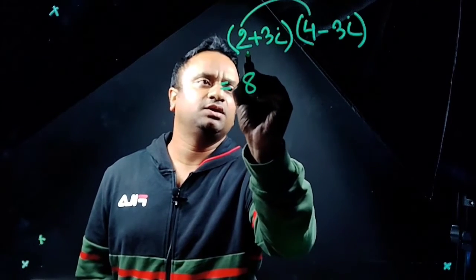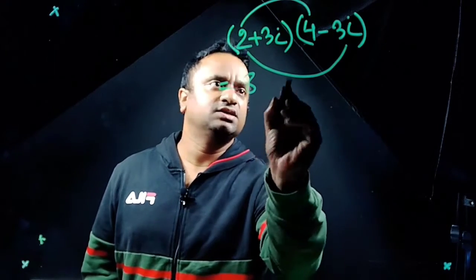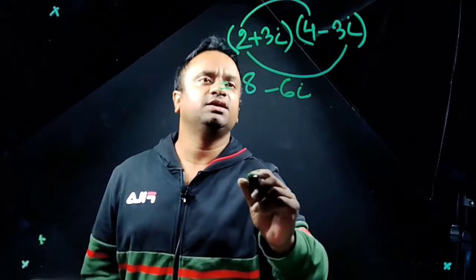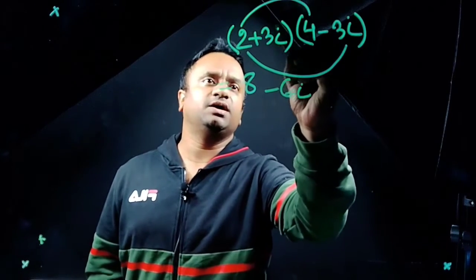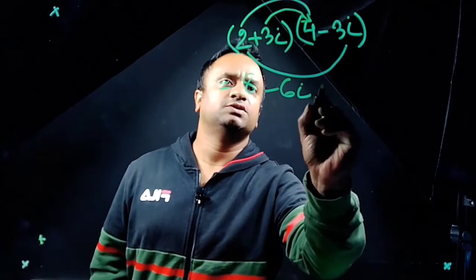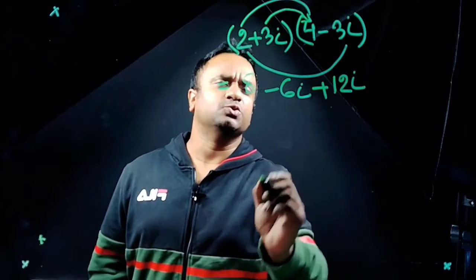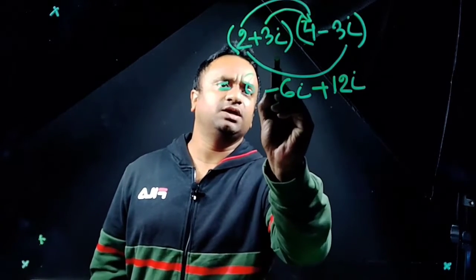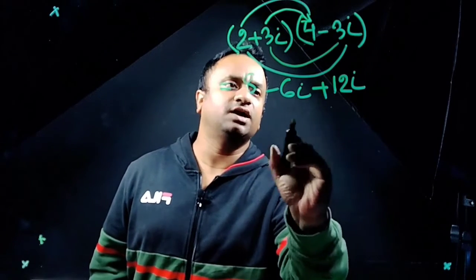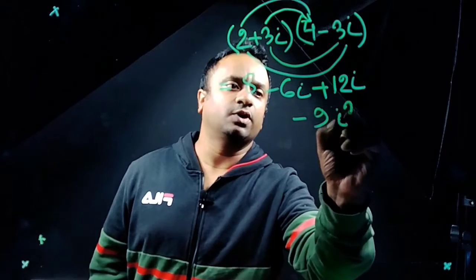Then we multiply 2 by minus 3i, so it becomes minus 6i. Now we multiply 3i with 4, so it becomes plus 12i, and then we multiply 3i with negative 3i, it becomes minus 9i square.